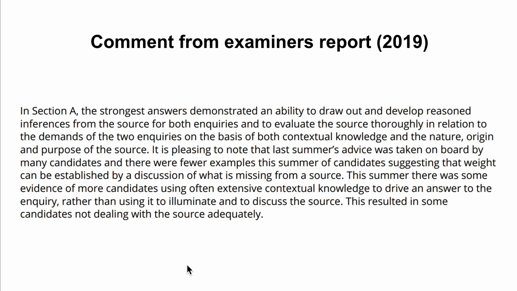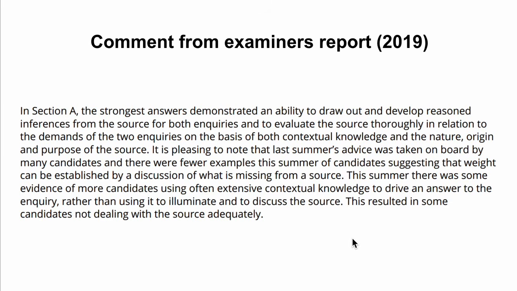And then it talks about guidance from previous years on what candidates shouldn't do, it's just in the middle here, which is to say a limitation is that the source ignores something. So the rule on this is that you can only criticize a source for leaving something out if that is directly relevant to the inquiry and or it's been left out on purpose.